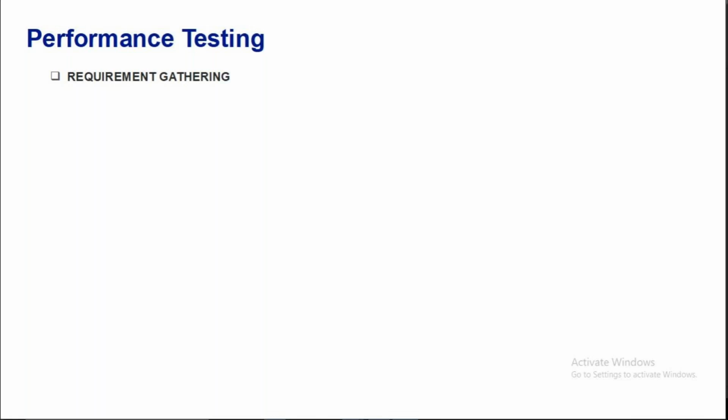But anyways, remember, the NFRs will be for the different types of non-functional tests. Out of the total list of NFRs, there will be the NFRs which are specific to performance testing. Now in the requirement gathering phase, we are going to gather those non-functional requirements which are specific to performance testing.